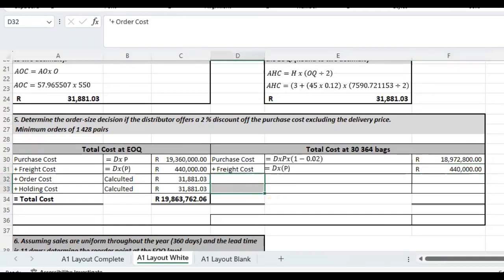What about our order cost and our holding cost? Well, we now have to recalculate these. So in terms of our order cost, we will now say, okay, it is our annual demand divided by these amount of bags that were given, multiplied by the order cost, of course, that we know.